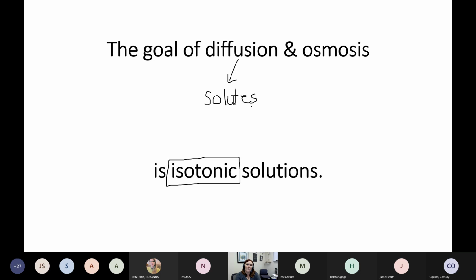So when we talk about diffusion, if I'm trying to make my two kinds of tea the same concentration, maybe I could take the sugar from the sweet tea and give it to the unsweetened tea. That would be a process called diffusion, where my dissolved things are what moves. But the other way that I can make my concentrations the same is I can use osmosis. And when I use osmosis, I'm moving water.